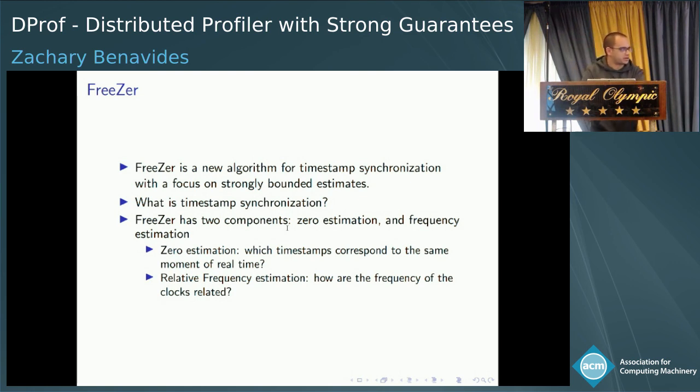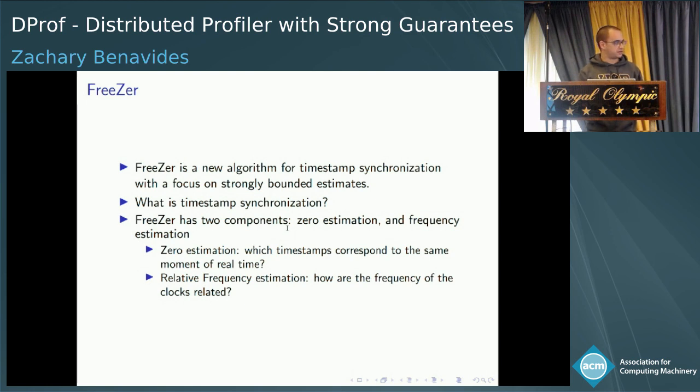So the way Freezer works is by dividing this problem into two subproblems, which we call zero estimation and frequency estimation. Both of the estimators that we define here provide strong bounds on their estimates, and that's how we get strong bounds on the overall conversion. So zero estimation is essentially the problem of determining a pair of timestamps from two different clocks which correspond to the same moment in real time.